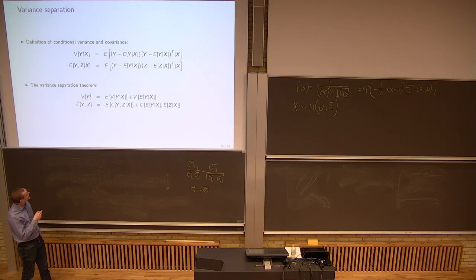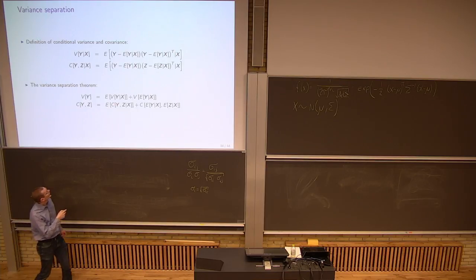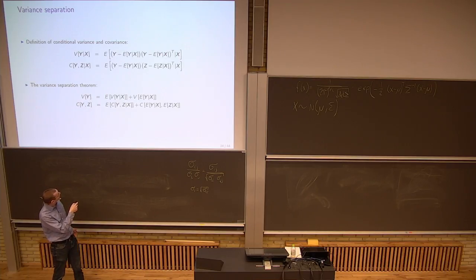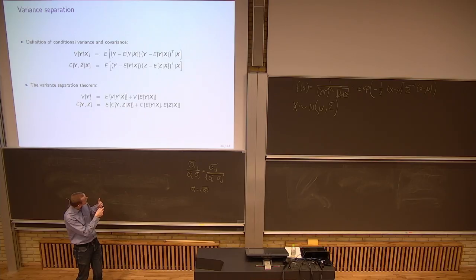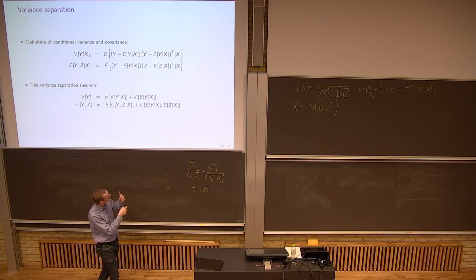And similar things can be done for the covariance, that you have a similar structure. The covariance of y comma z is equal to the expectation of the conditional covariance of y comma z conditional on x plus the covariance of the conditional expectation of y given x comma the conditional expectation of z given x.